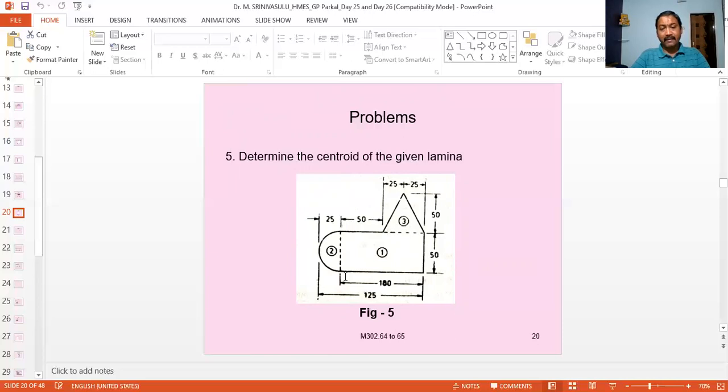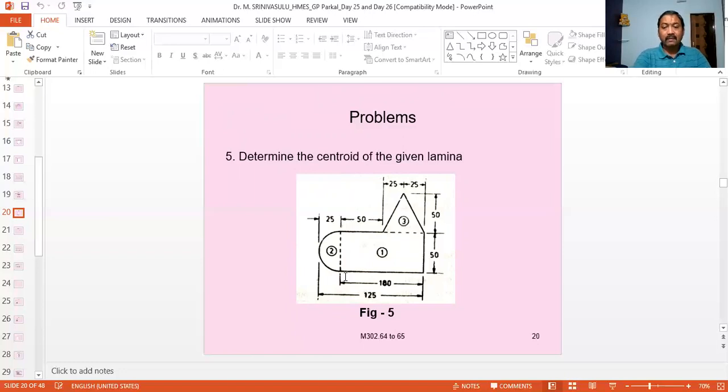The OX and OY are meeting at the point O. Now, accordingly, we find out the coordinates of the centroid of each individual area. Then we have to substitute those values in the formula to get the centroid of the total figure.